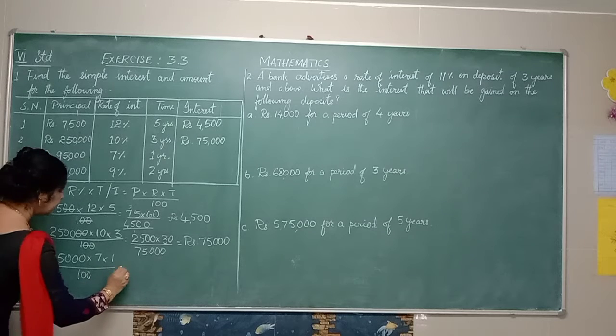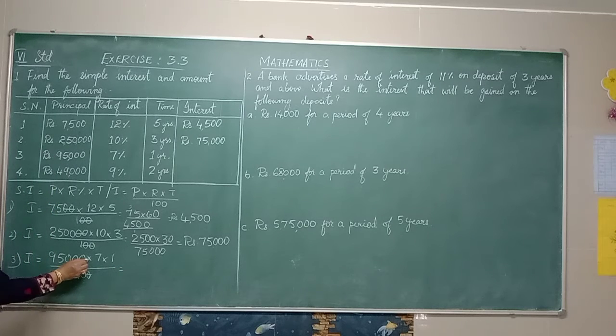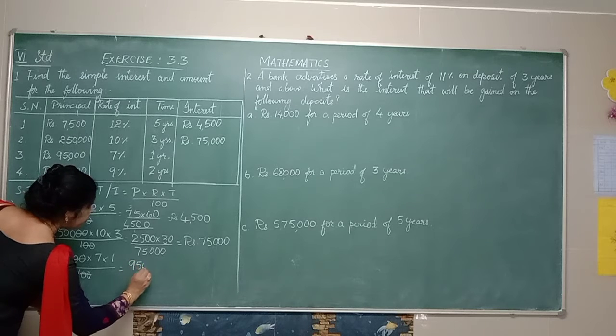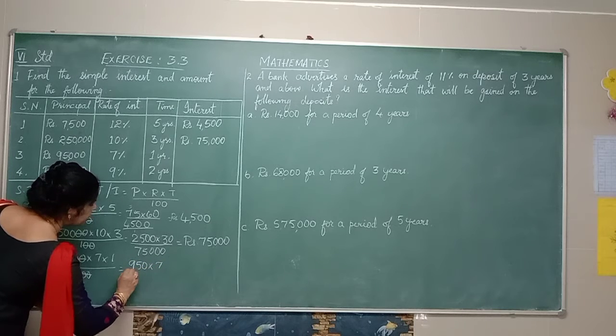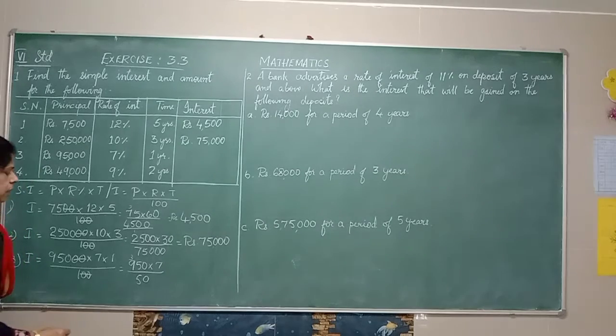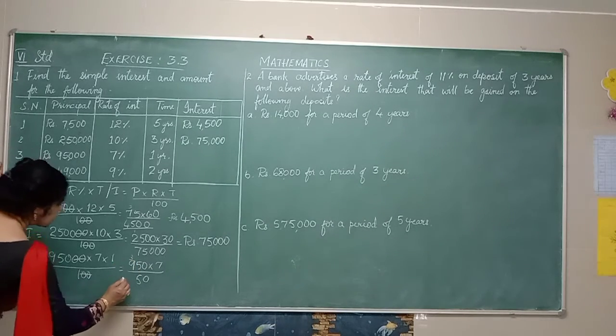So 2 zeros cancel, 2 zeros cancel. So 950 into 7. 7 zeros are 0. 7 fives are 35, carry 3. 7 nines are 63. 63 plus 3, 66.